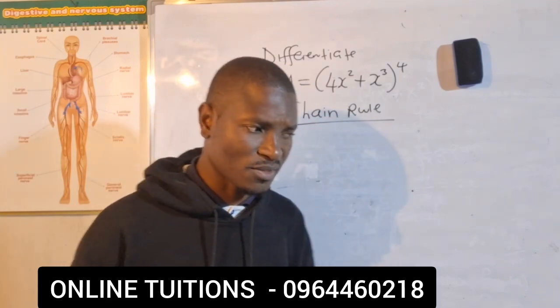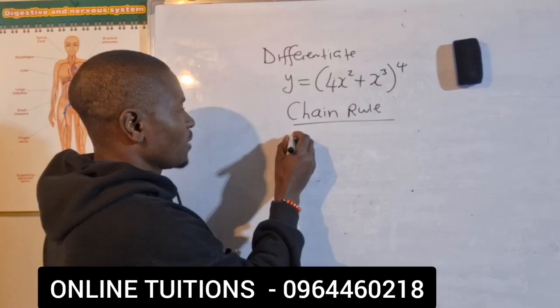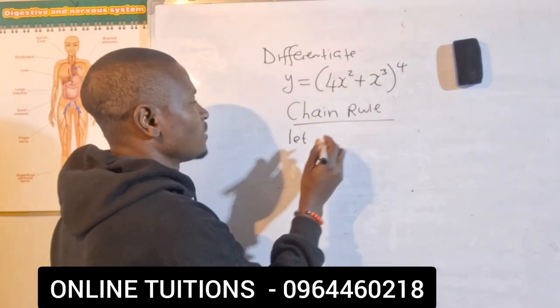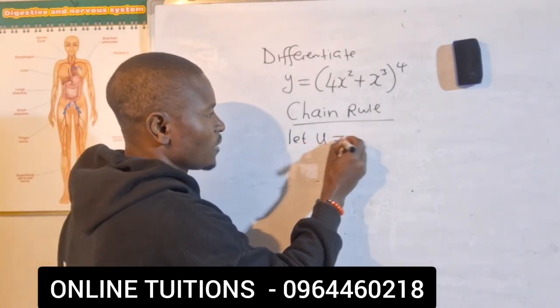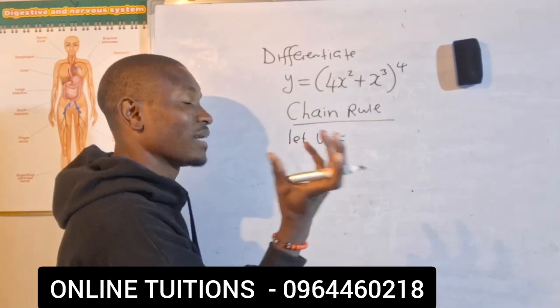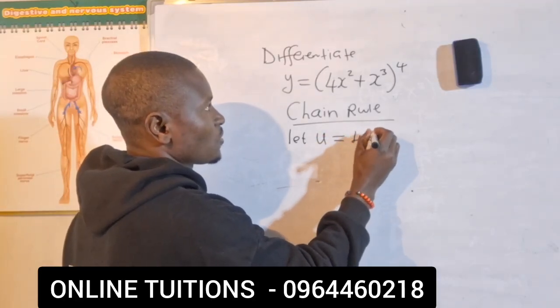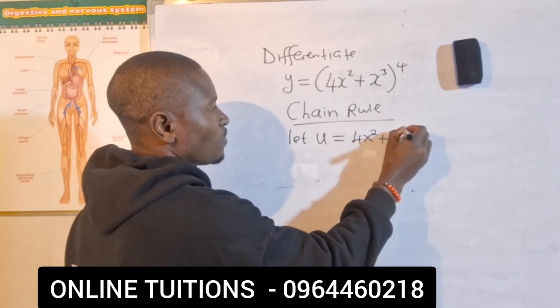So the first thing is this: because the power is too big, you say let this thing, so we are going to introduce a variable called u. So let u equal what is inside, and this is just 4x to the power 2 plus x to the power 3.